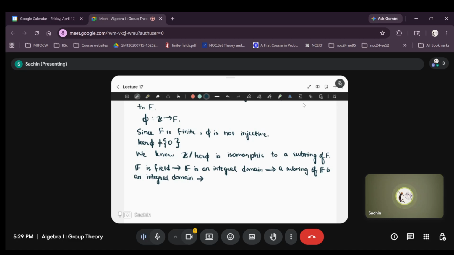Now the next part I have not explained, but Z mod kernel phi is isomorphic to a subring of F, right? So this isomorphism preserves all the properties of sets and fields and groups. So whatever subring of F this is, since that is an integral domain, the Z mod kernel phi will also be an integral domain.